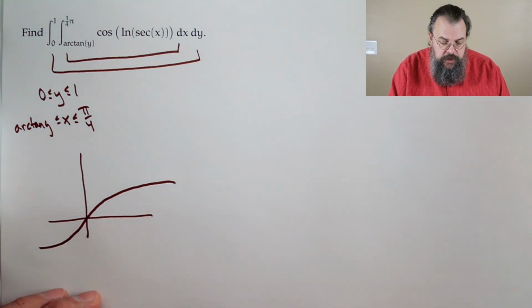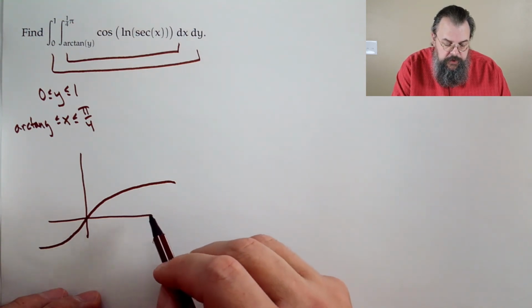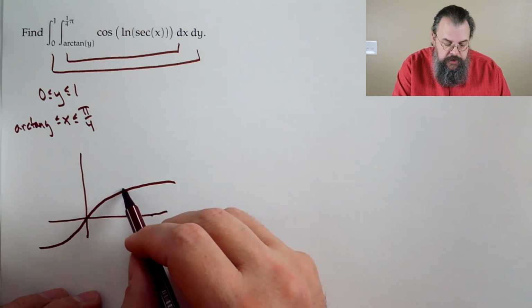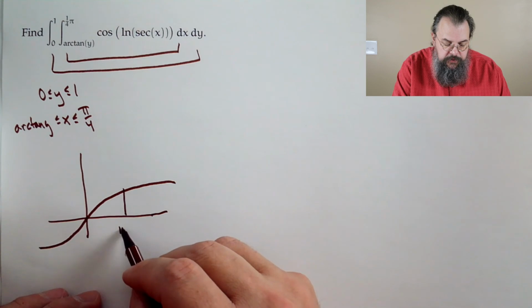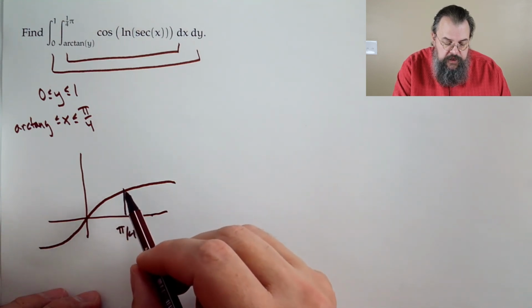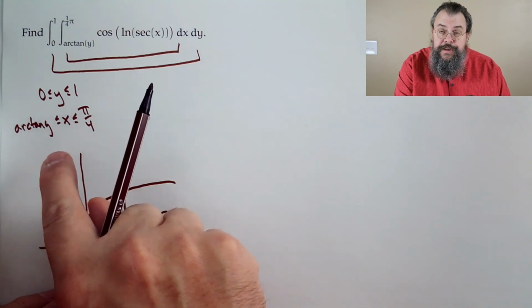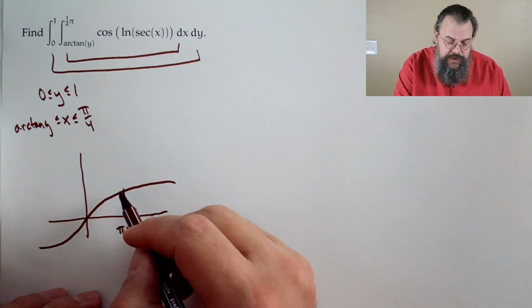Okay, well, what would that look like? So x equals pi over 4 would be somewhere like here. So here's pi fourths. Now the nice thing is, arctangent of 1 is pi fourths.